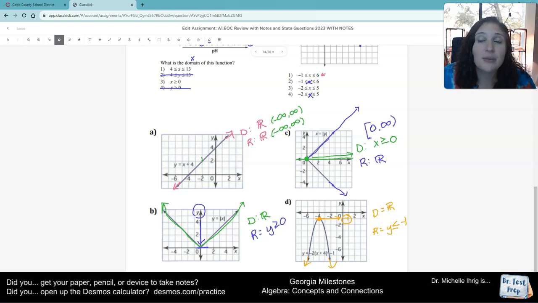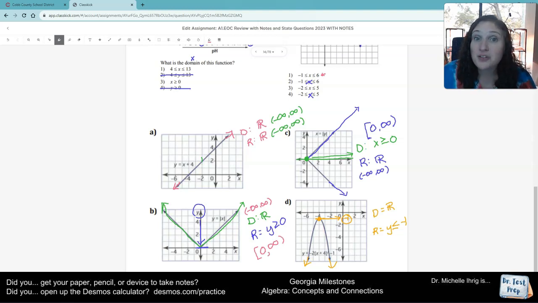So we do infinity with a soft bracket. This is all reals, so we know anytime we see all reals, we have -infinity, +infinity. Here, again, we have all reals, so we have -infinity, +infinity. And then here it says, well, 0 is our starting point, and it's all the numbers above 0. So we have a hard bracket at 0, and because it's +infinity, we have the curve.